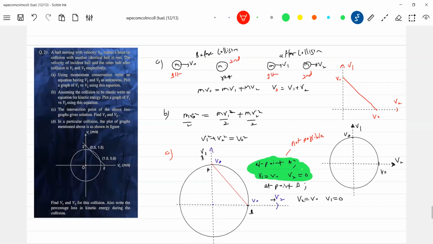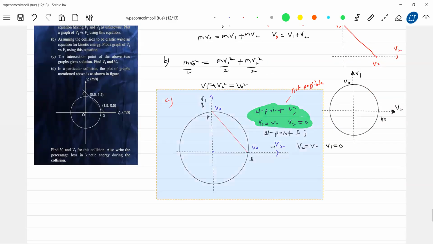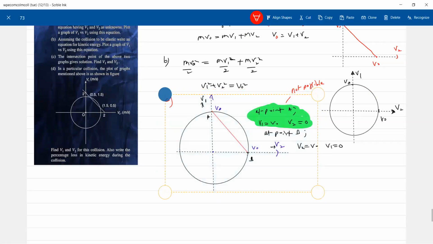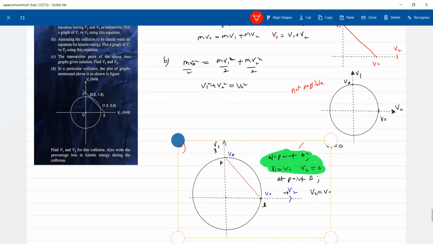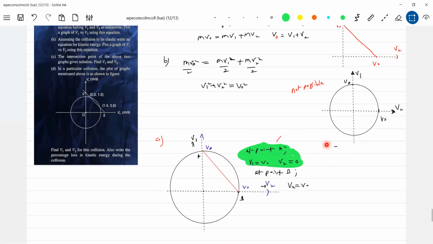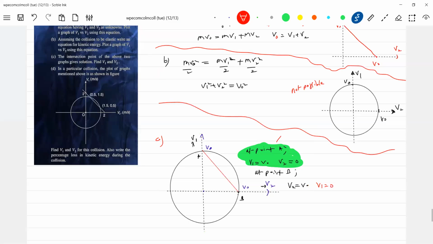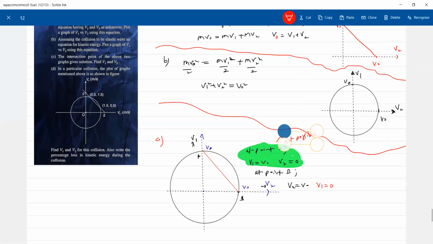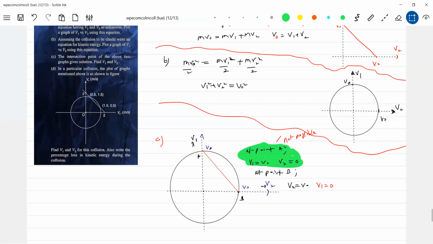I will move it to the corner. Okay, this is the discussion. Not possible. Okay, no confusion. Someone is asking which graph.